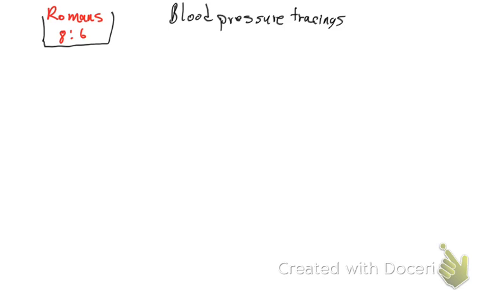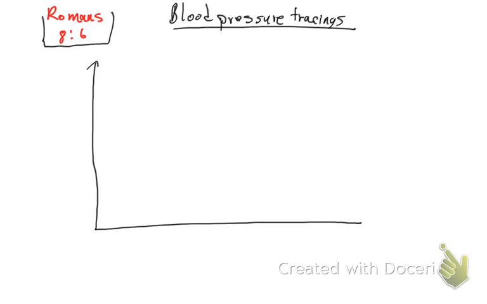Well, now we're going to start to review the blood pressure tracings. We're going to have two axes here: the y-axis and the x-axis.